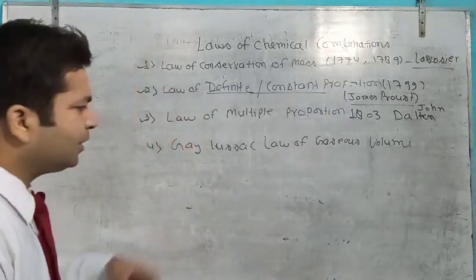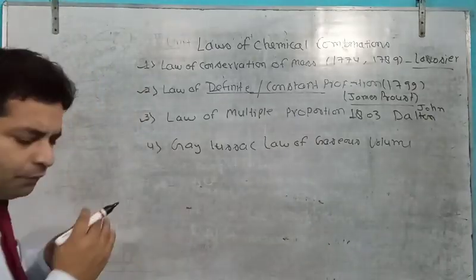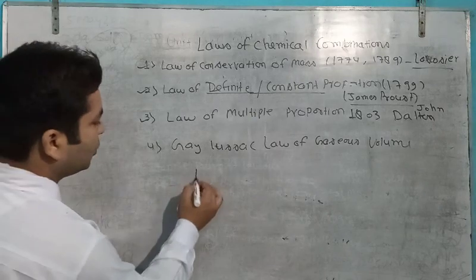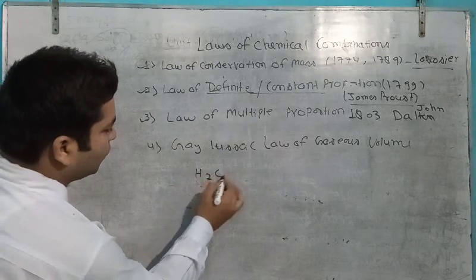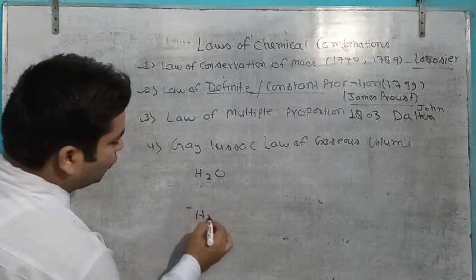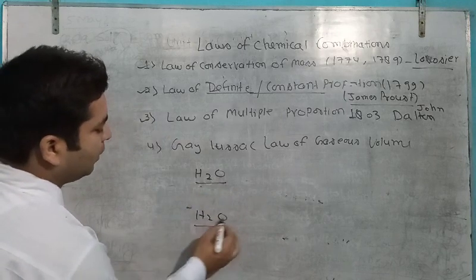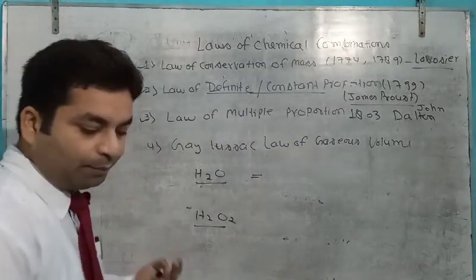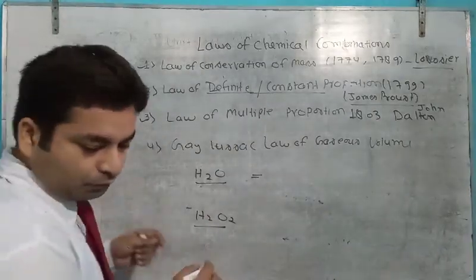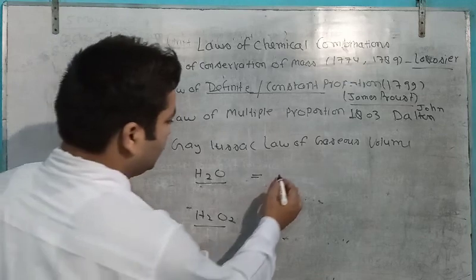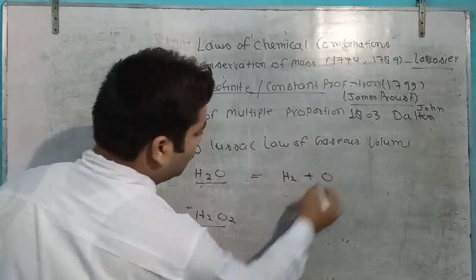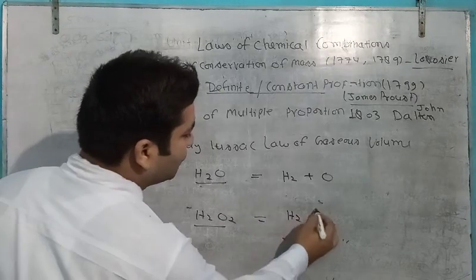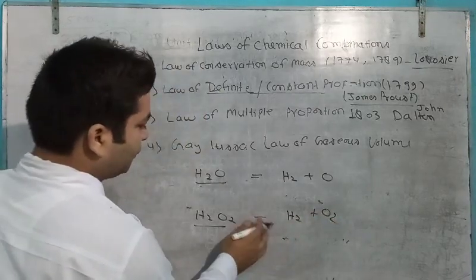For example, if two compounds are formed from the same elements, suppose H2O and H2O2. This is water, this is hydrogen peroxide. Water is formed from H2 plus O, and hydrogen peroxide from H2 plus O2.